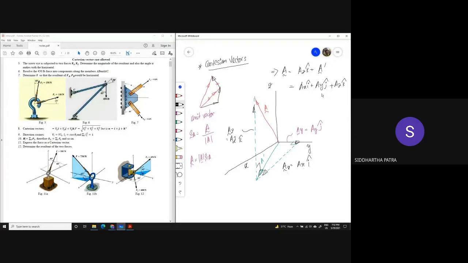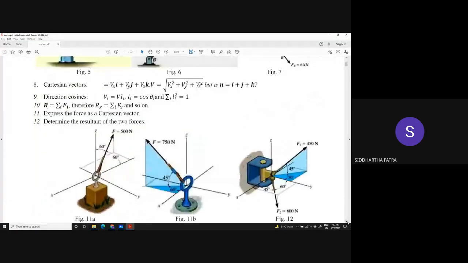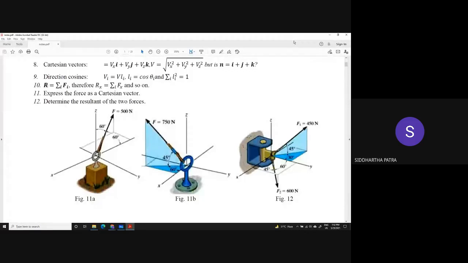Okay, and in the next three problems, we would try to represent three vectors as Cartesian vectors. Let's look at the three problems there. In the first problem, we have a vector F, a force F. A hook has been put on a wooden log, and on that hook a rope is attached, and you are pulling it in a given direction.